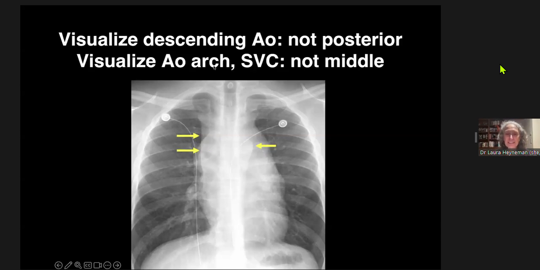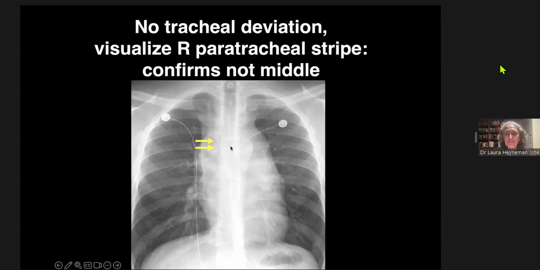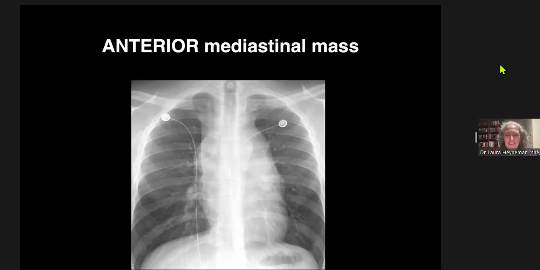So the SVC I include in the middle mediastinum. Trachea I include in the middle mediastinum. The fact that those structures are not silhouetted out, as well as the fact that the transverse aorta is not silhouetted out, I don't think this is in the middle mediastinum, which leaves the anterior mediastinum.